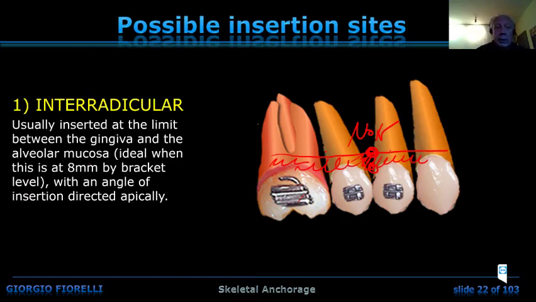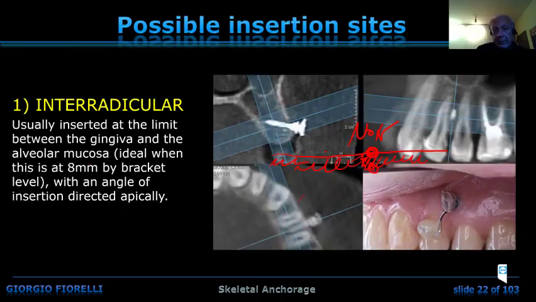Usually you make an insertion which is directed a little bit to the apex, as you see here. Not very much. Maybe 15 to 30 degrees is okay. And it's not very common that you can have a bicortical anchorage.